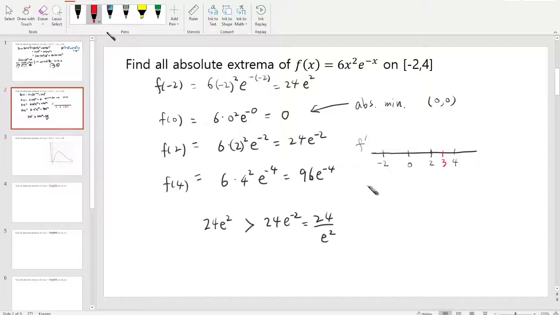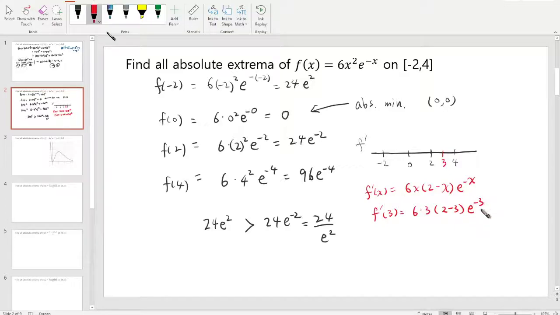And remember, f prime of x we had as 6x times 2 minus x, e to the -x, right? So what is f prime of 3?